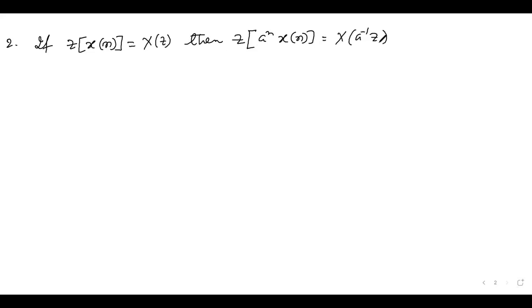It states that if the Z transform of x[n] is X(z), then the Z transform of a^n x[n] is X(a^-1 z).